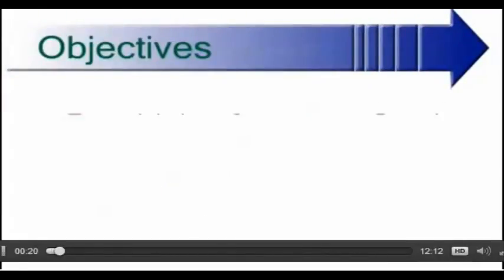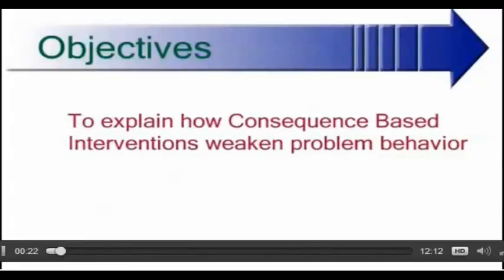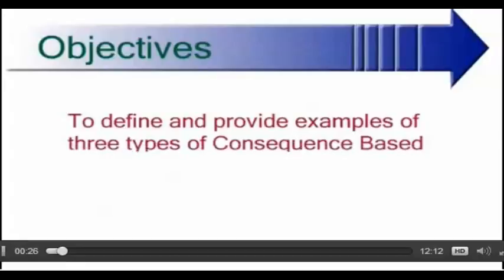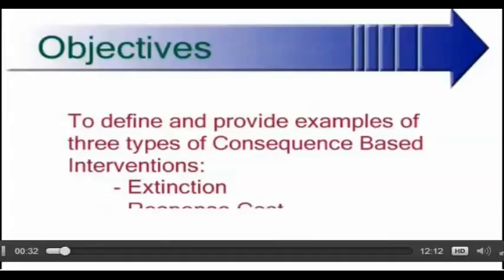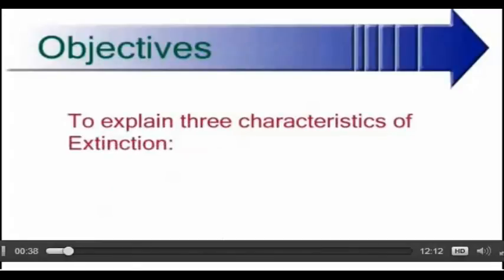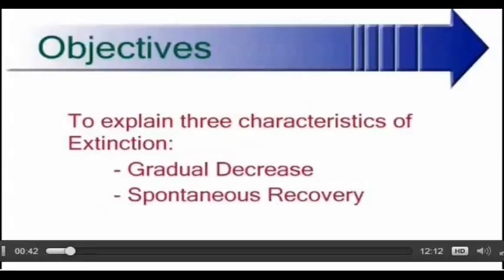They are to explain how consequence-based interventions weaken problem behavior, to define and provide examples of 3 types of consequence-based interventions: extinction, response cost, and timeout. To explain 3 characteristics of extinction: gradual decrease, spontaneous recovery, and extinction burst.